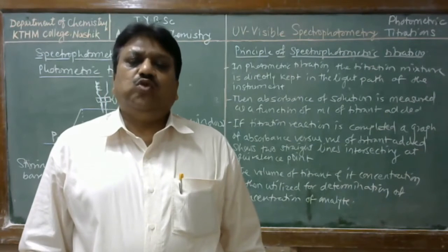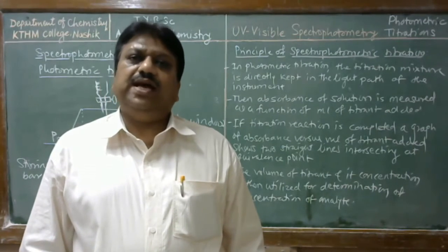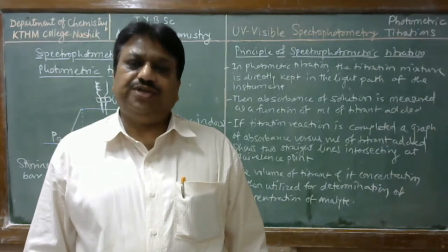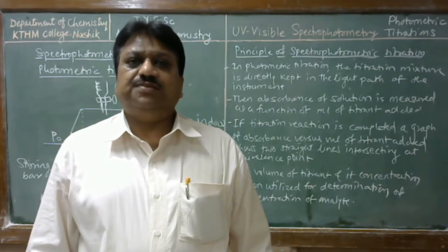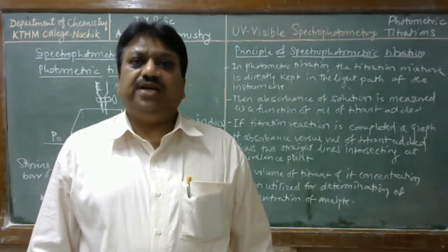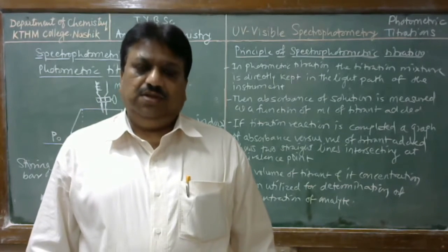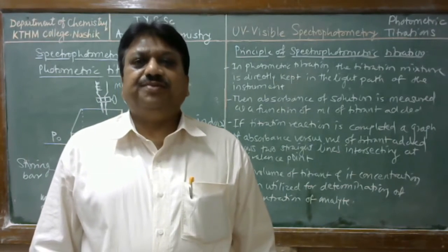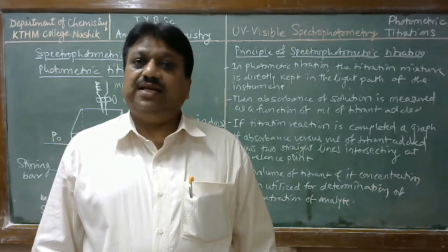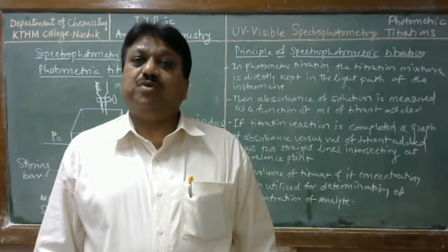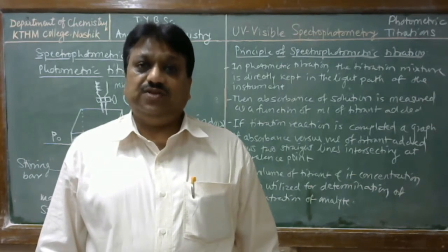During the course of photometric titration, we are adding a standard solution into the analyte solution, and the absorbance of the solution is measured after every increment of the titrant. Therefore, the volume of the reaction mixture is continuously changing, and the change in volume directly affects the number of absorbing species present in the solution.